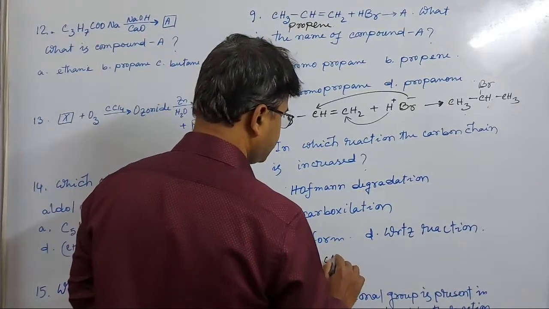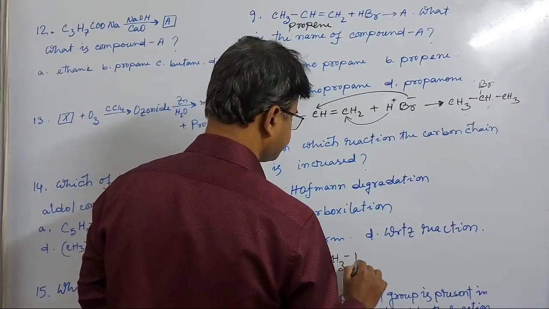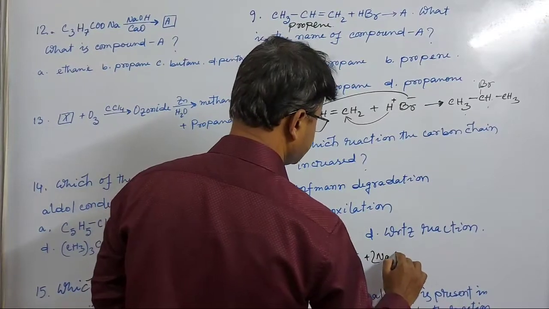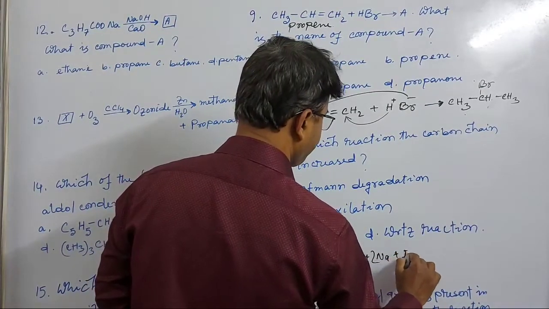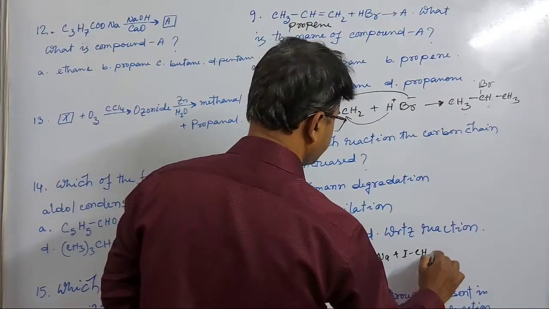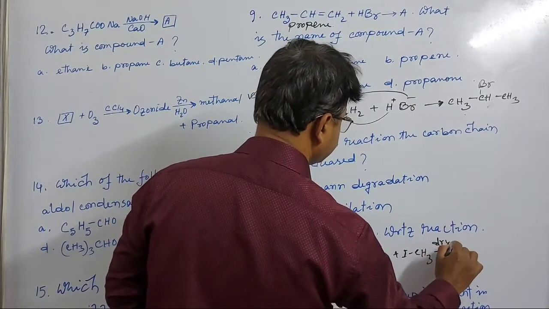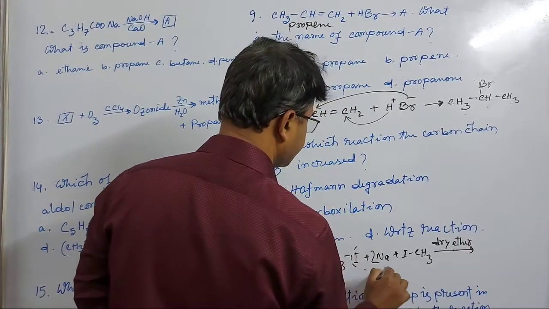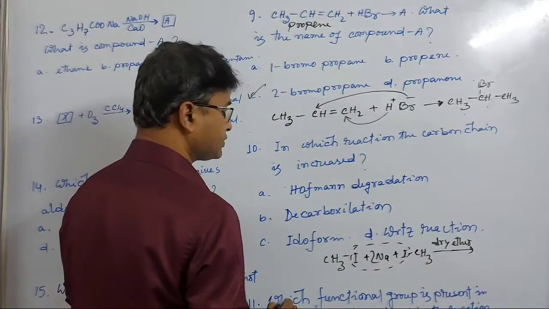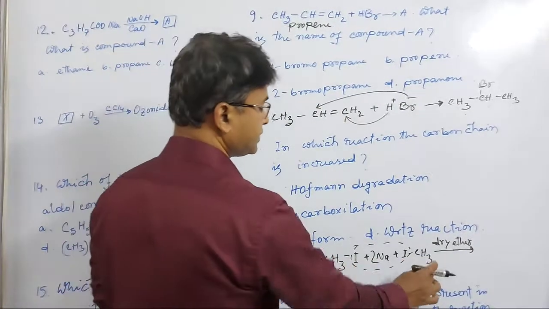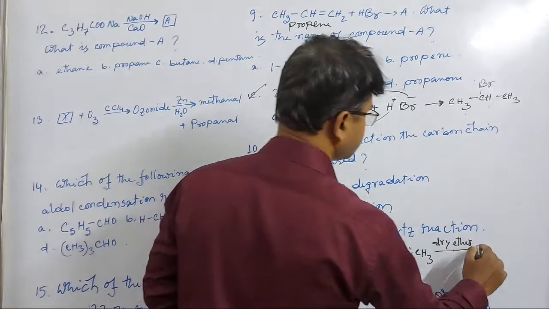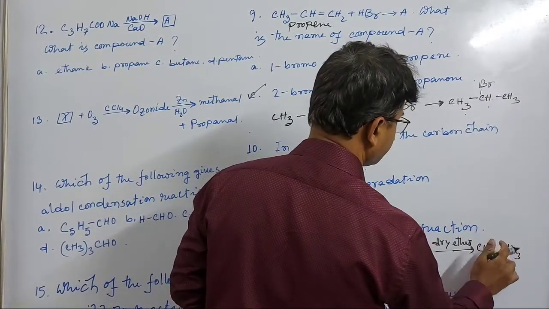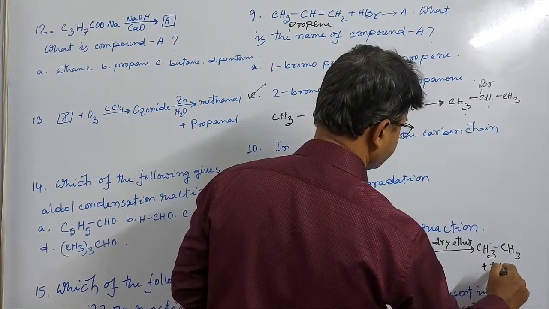Suppose methyl iodide is heated with sodium metal in the presence of dry ether. Here iodine and sodium combine together to produce sodium iodide, and this methyl group and this methyl group are connected to each other to produce ethane and sodium iodide.